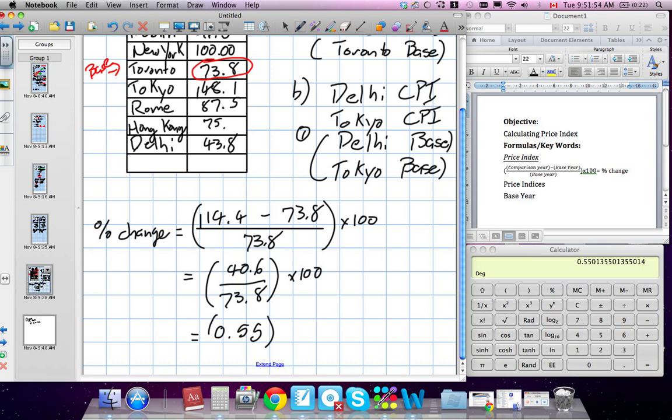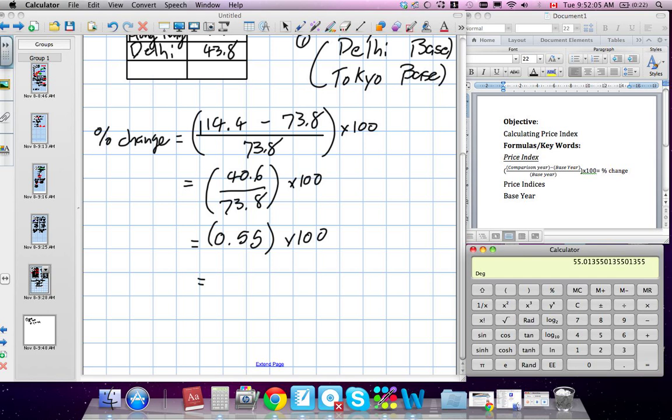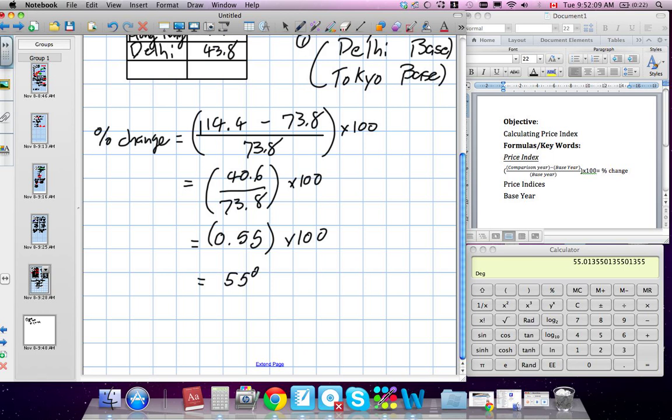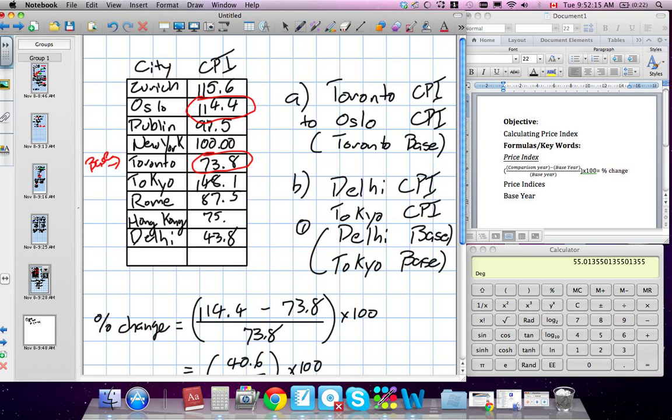We get 0.55. Times 100. We have a 55% change. So what does that mean in terms of prices from Toronto to Oslo? How much more expensive or how much cheaper are prices in Oslo?